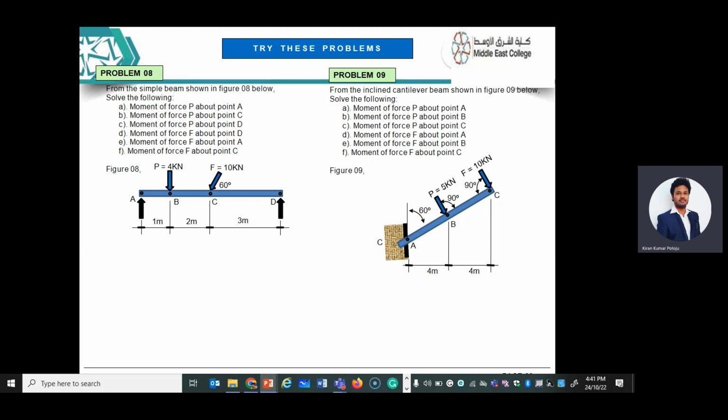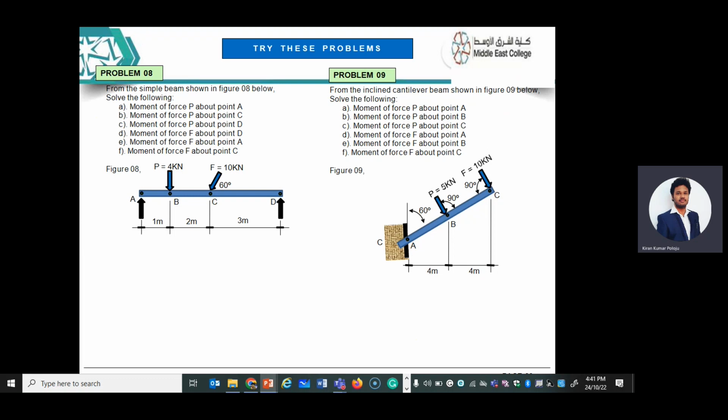So you have to calculate Px, Py. What is the formula to determine Px? P cos theta. What is P? 4. Cos theta. What is theta? 90. So you get Px. What is the formula for Py? 4 sin 90. You will get some value.